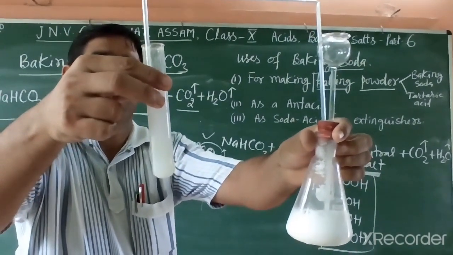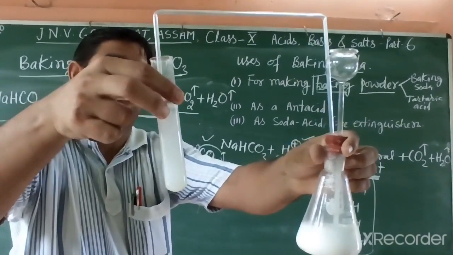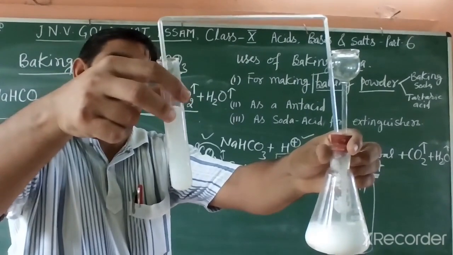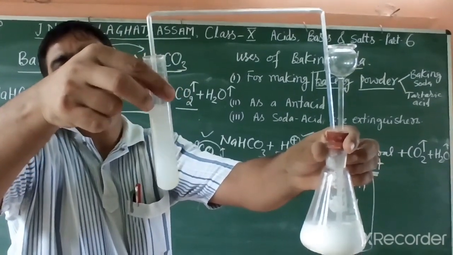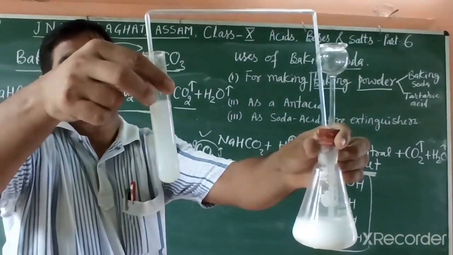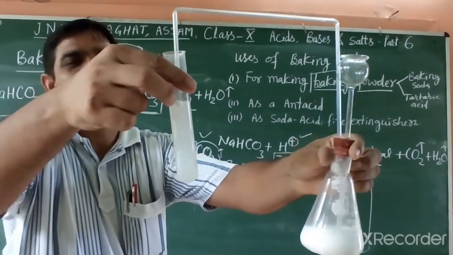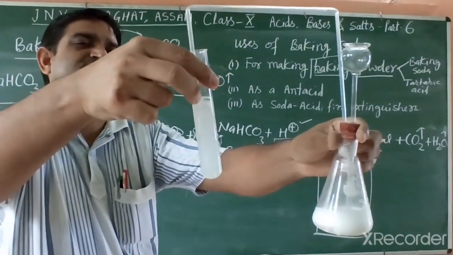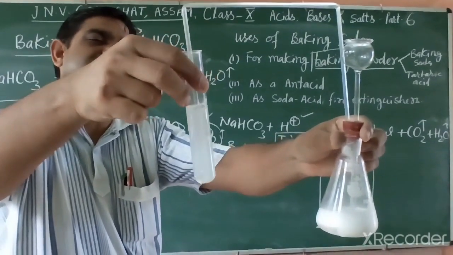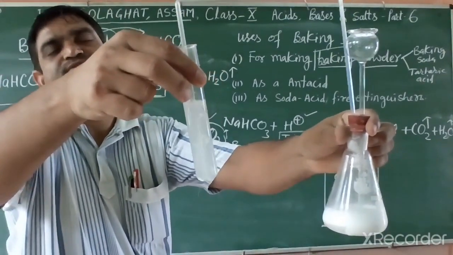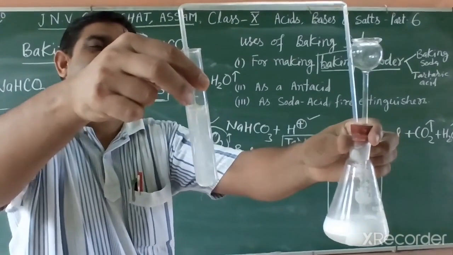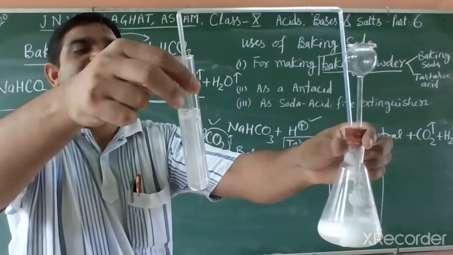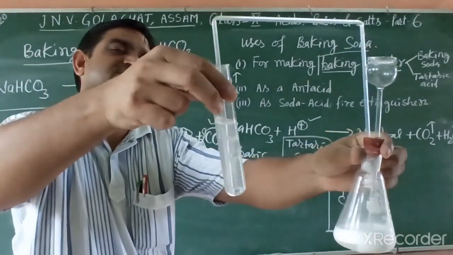If you pass the gas for a long time, the milky color disappears due to bicarbonate formation. First it is carbonate. So this reaction confirms the released gas is carbon dioxide. The milky color slightly disappears again, and after some time it is totally colorless. Now it is colorless.